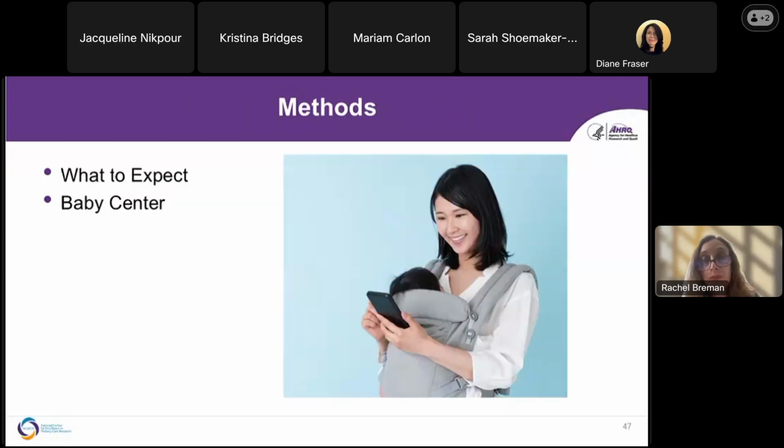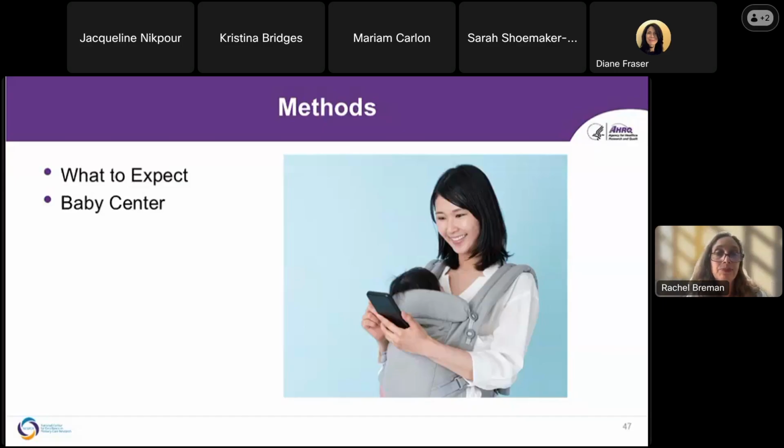So what I was able to do, thankfully, was receive funding from AHRQ. I was able to work with the What to Expect and Baby Center apps to reach out to the population that uses their apps to recruit for my survey that included items related to this measure, CHOICES.